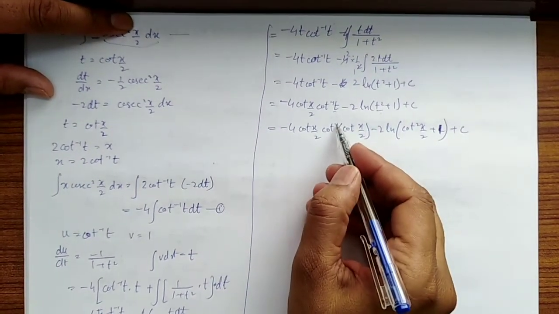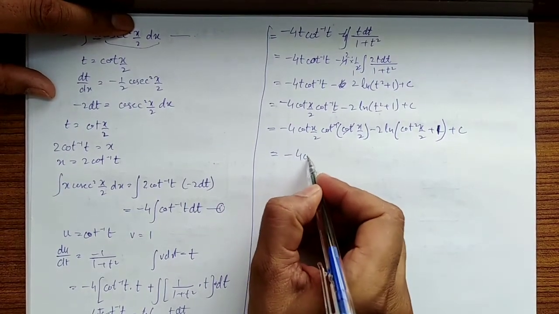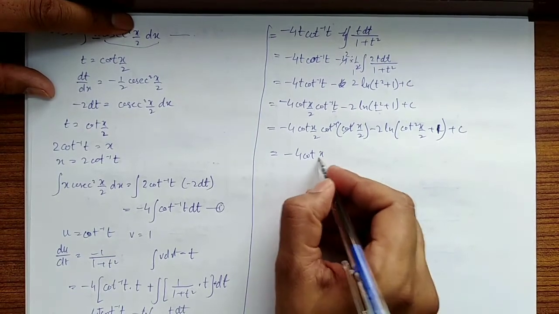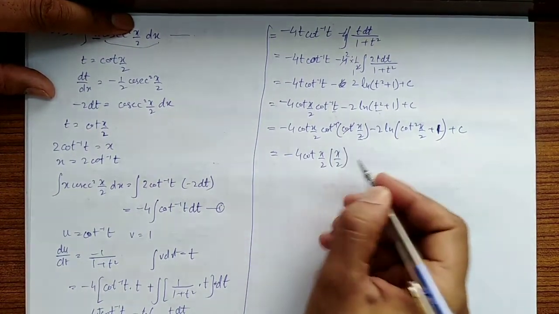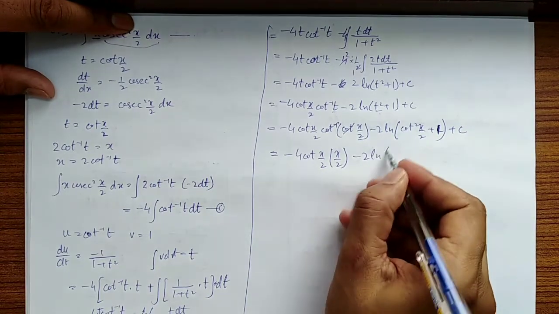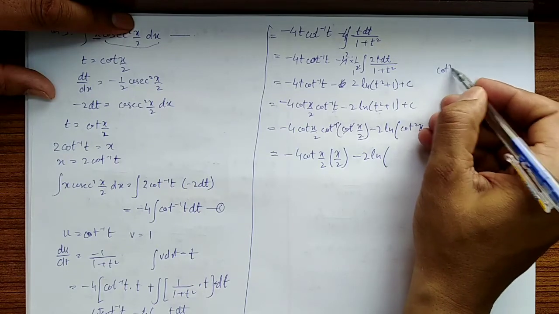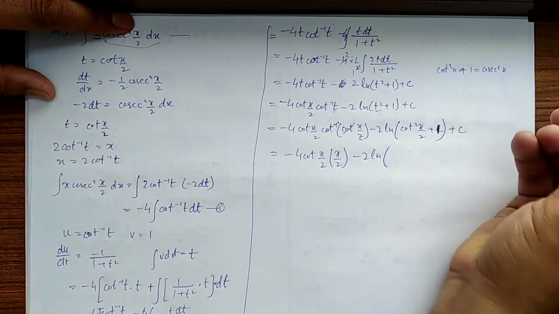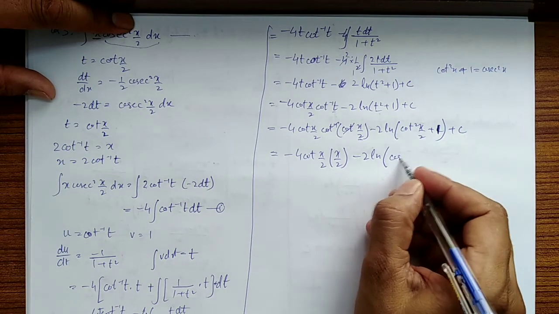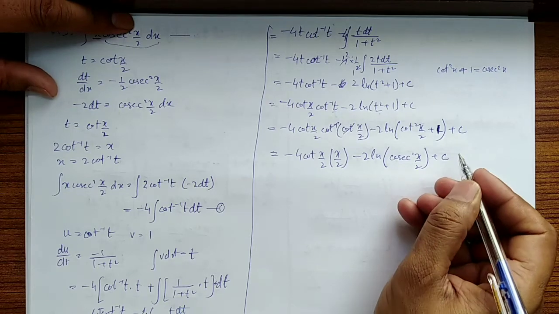Here cot inverse and cot cancel out and we are left with minus 4 cot x upon 2 into this x upon 2 comes here, minus 2 ln. We know that cot square x plus 1 is equal to cosec square x, so we can write here cosec square x upon 2 plus c.